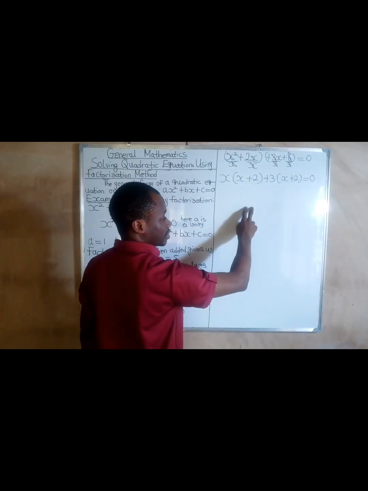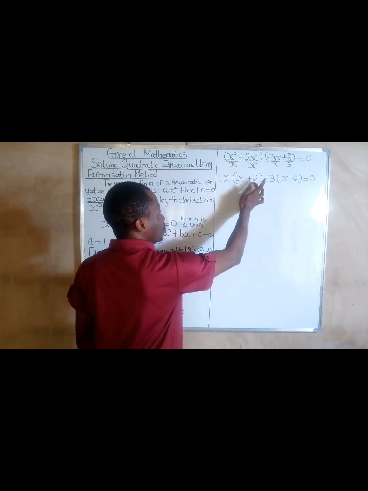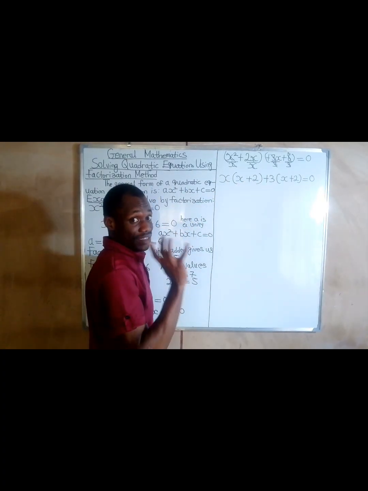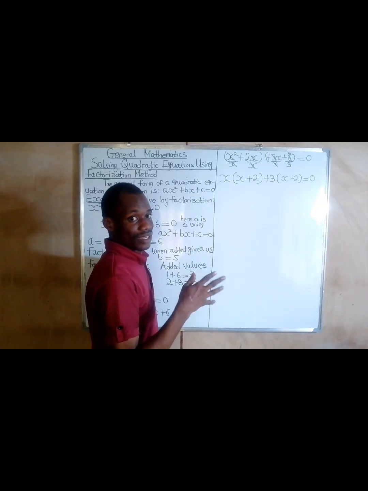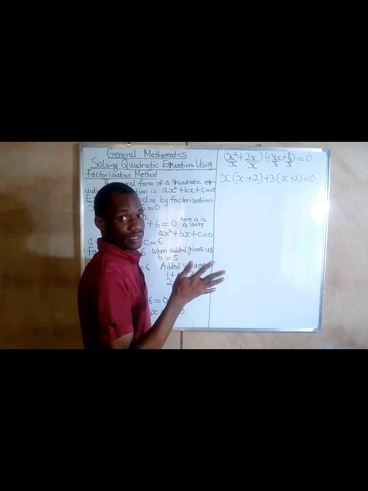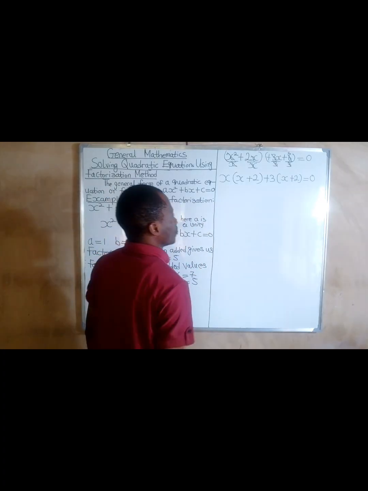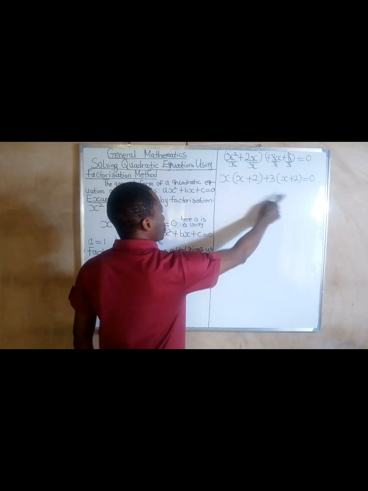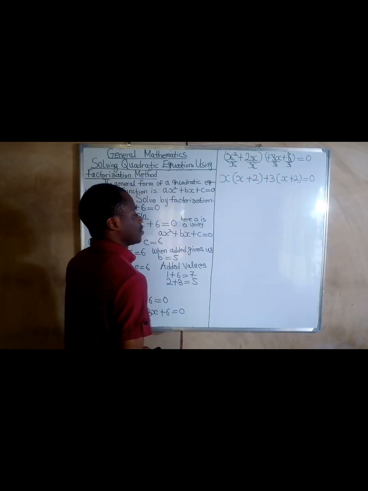That's just a trick in factorization. But please specify if it is a quadratic equation, because you can get something different from any other thing you are factorizing, maybe binomial expressions. Alright, but this is a quadratic equation. So if you have x plus 2 here and you have x minus 2, please check very well so that you don't make a mistake.